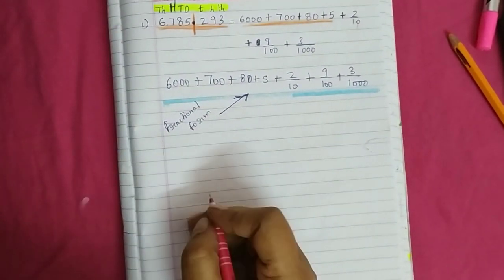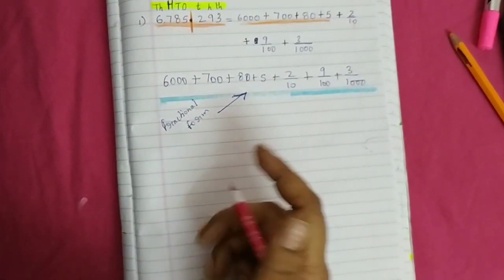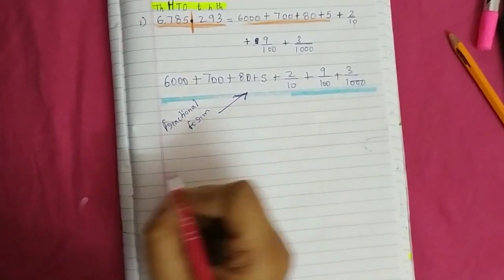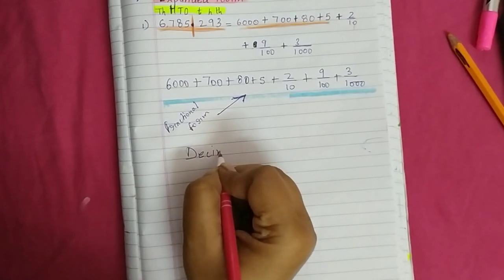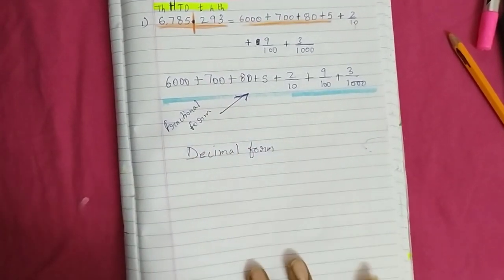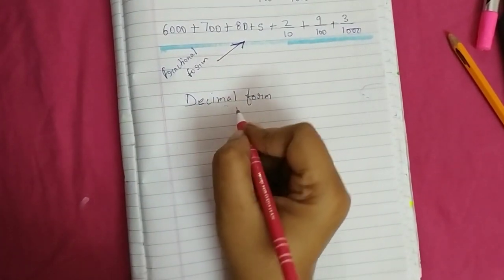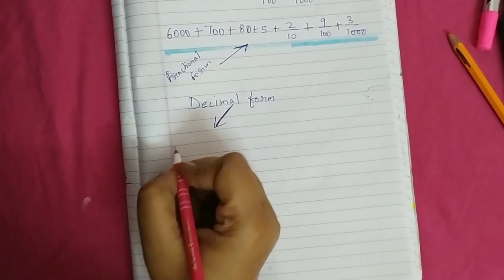Okay. Now I am going to write the same number in decimal form. This is clear, children? Now see. What is the number? Same number I am going to pick, children.